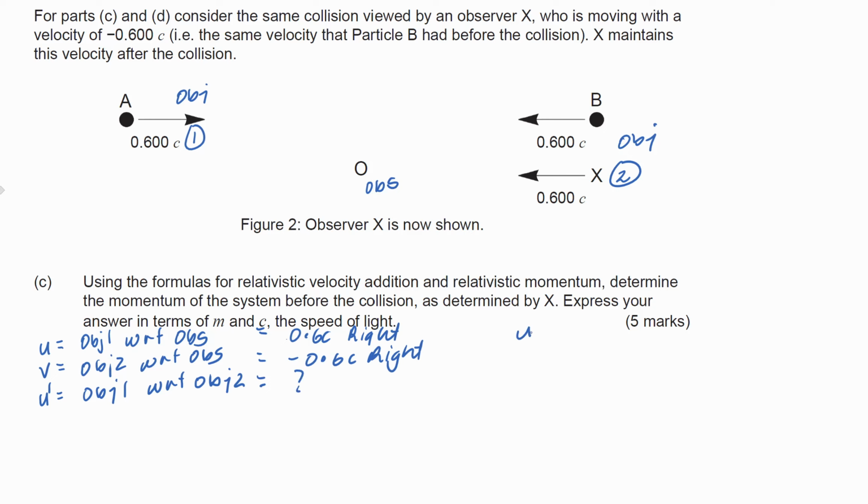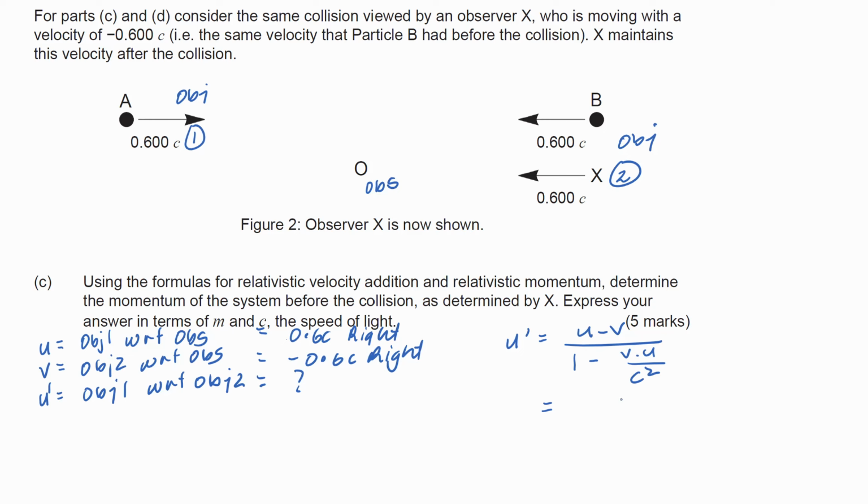So U dash is equal to, from our formula and constant sheet, (U take V) over (1 take V times U over c squared).